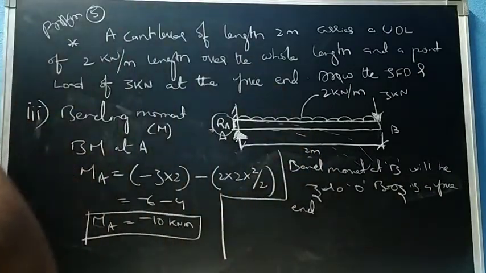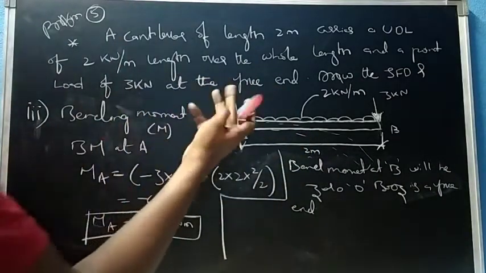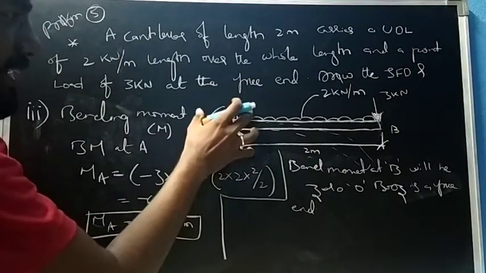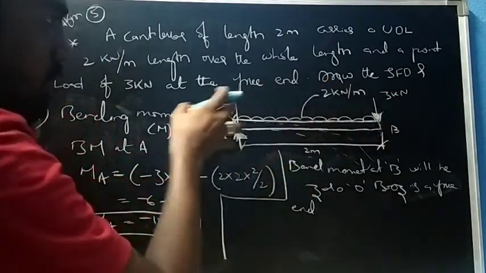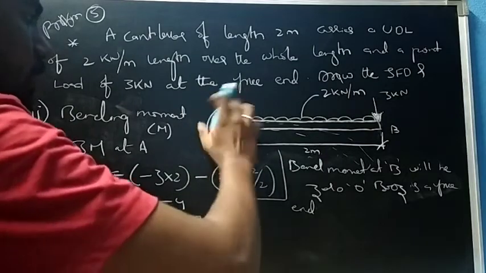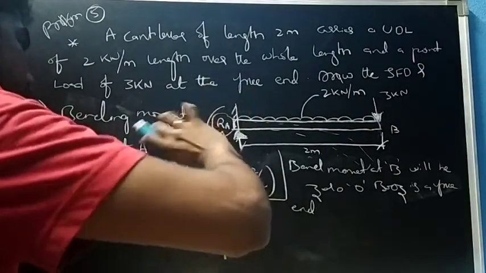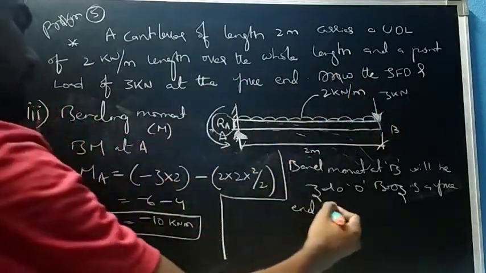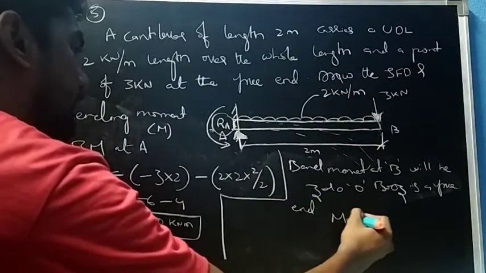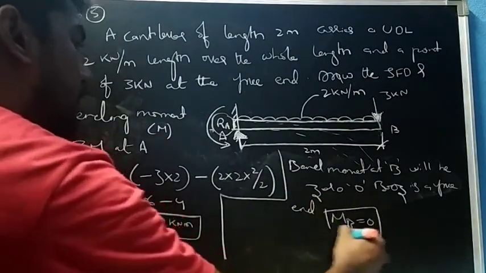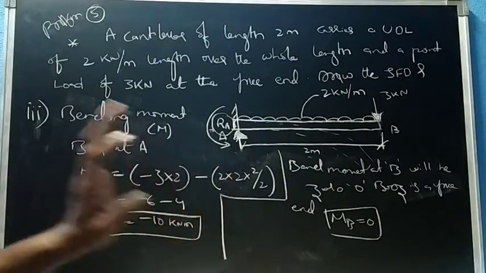That is a property of a cantilever beam. It is fixed, that means the total moment will create here and total loads will take here, creating the moment at A, that is the fixed support. So here at B, MB equals 0. So we got MA, we got MB.